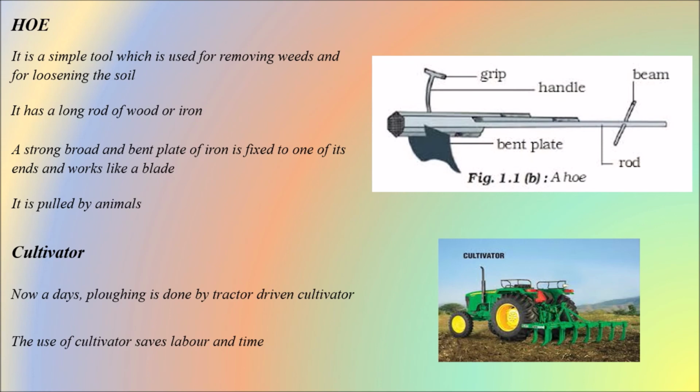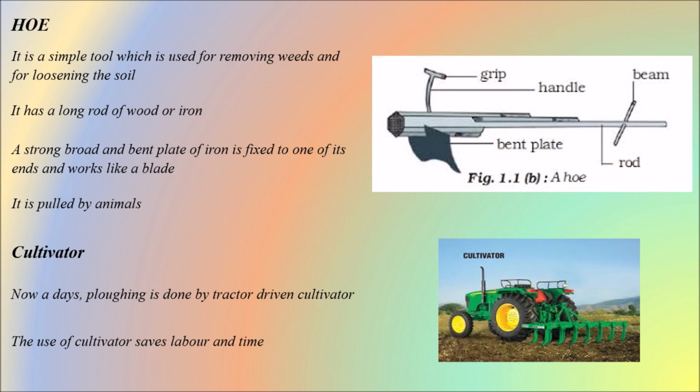So once again, what is a hoe? A hoe is a simple tool used for removing weeds and loosening the soil. It looks like a long rod of wood or iron. To one of its ends, a broad iron plate is attached which acts like a blade for cutting the weeds and loosening the soil as well.